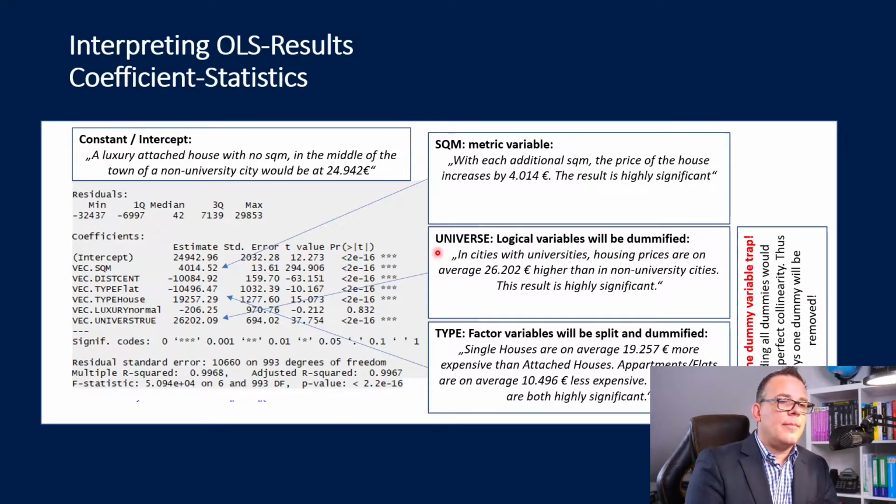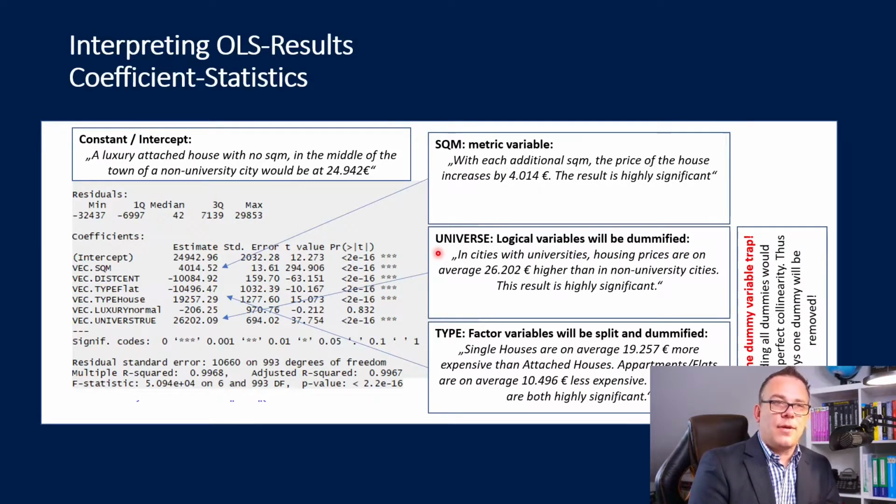Then what we see is a group difference. A group difference between the mean of the university city housings and the mean of the non-university city housings. So this is just a group difference. We could interpret this coefficient like this.